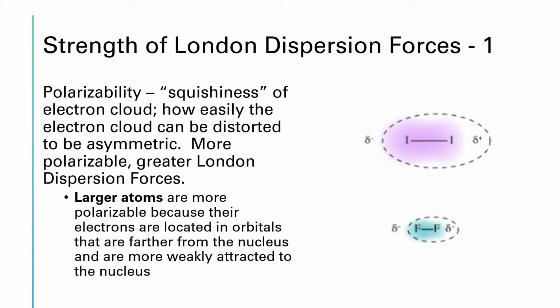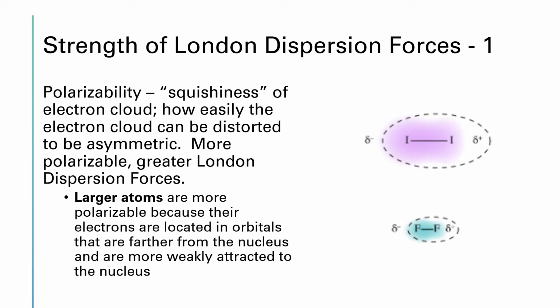And if we are comparing two very similar molecules, such as iodine and fluorine, right? These are both elements that form diatomic molecules. So iodine is I2, fluorine is F2. And these are both halogens, so it's a single bond between the atoms.